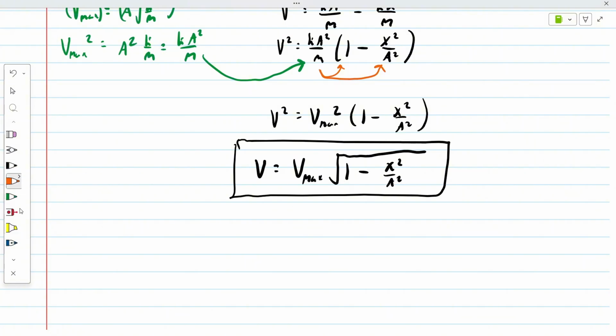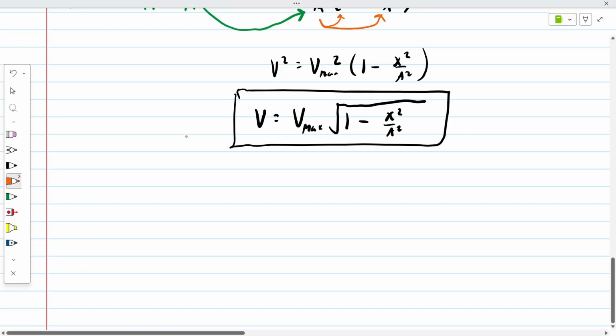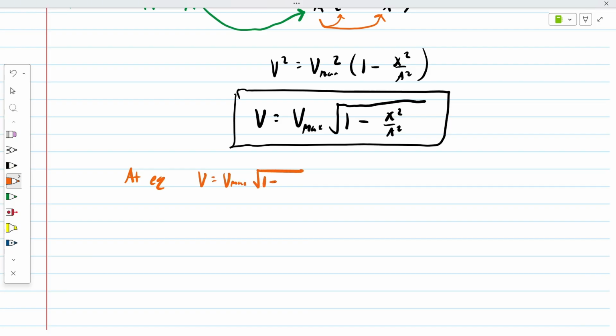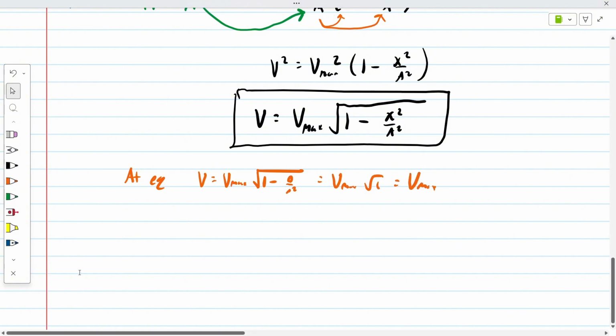So let's look at this actually. At equilibrium, we'll have v equals v max square root of 1 minus 0 over a squared, and so that'll just equal v max square root of 1, which just equals v max. So at equilibrium, the velocity is at a max, which we know is true.